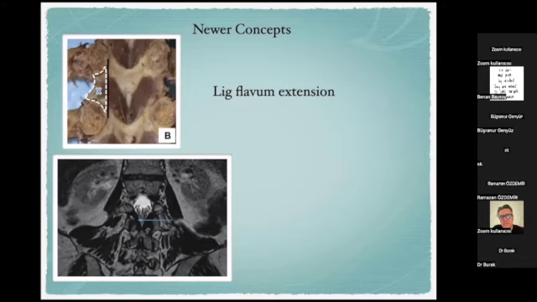Now, I would like to bring your attention to some newer concepts in lumbar canal stenosis. If you see the dissection diagram here on the left-hand side, this is the ventral dissection. What we are seeing is actually the ligamentum flavum between the two laminar segments from the ventral aspect.